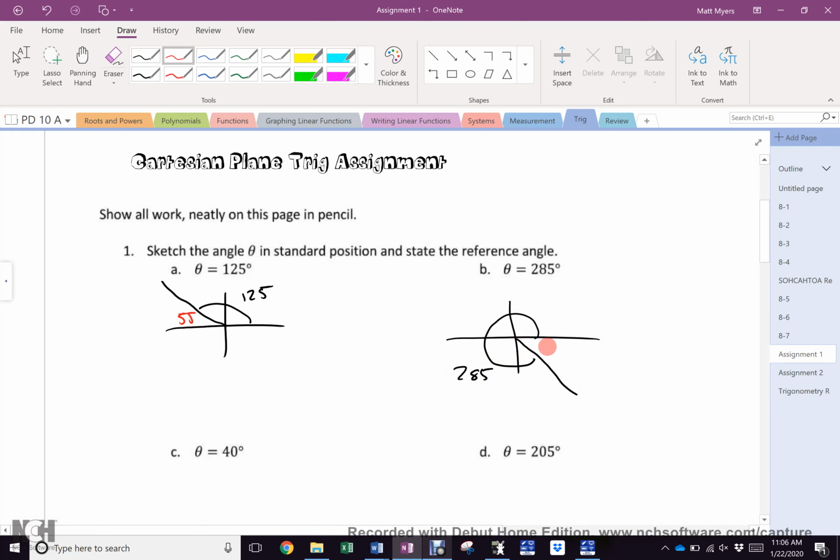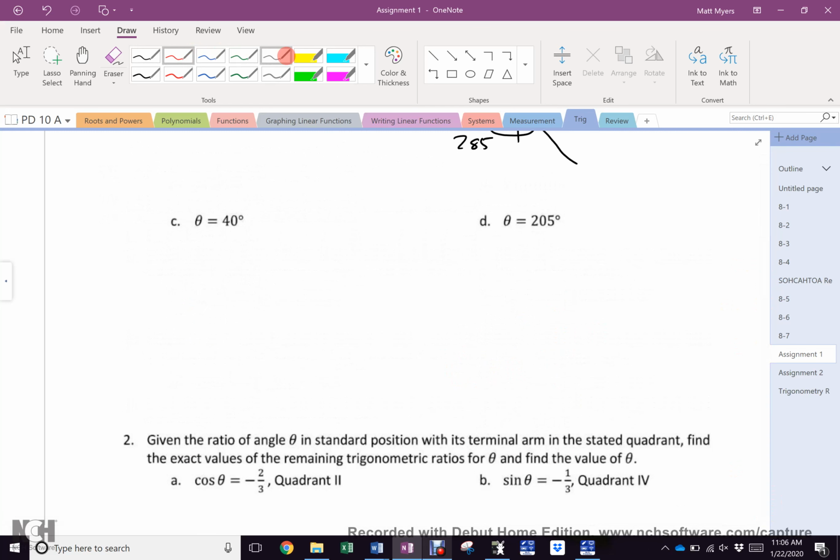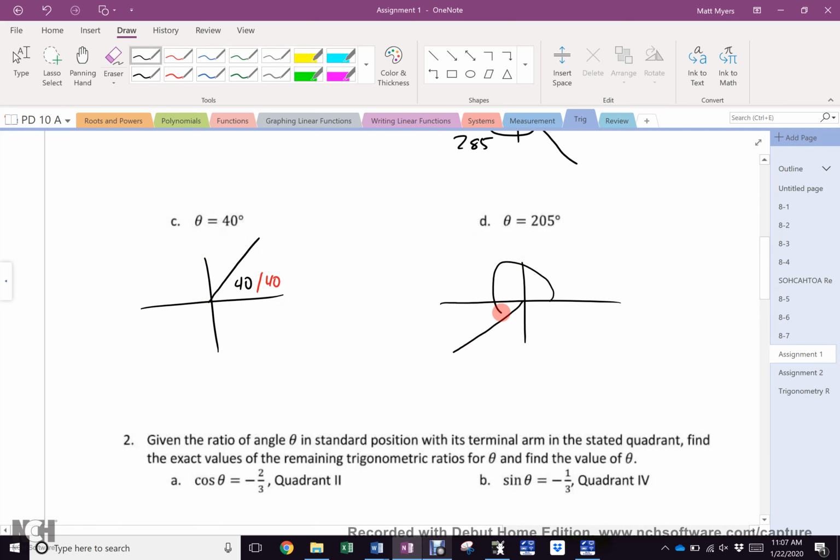The reference angle is 75. There's 40. The reference angle is 40. There's 205. The reference angle is 25.